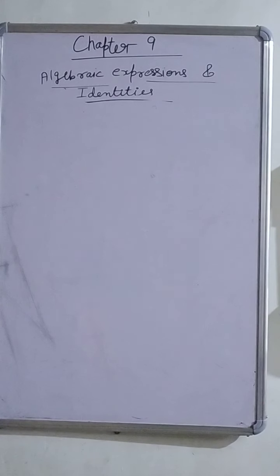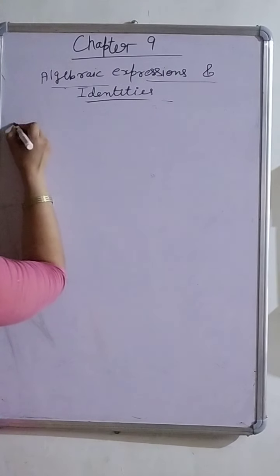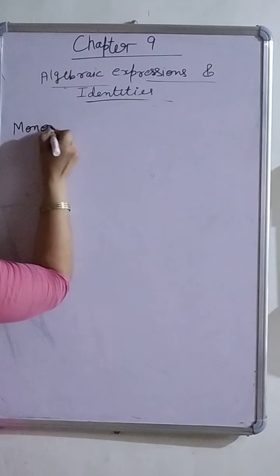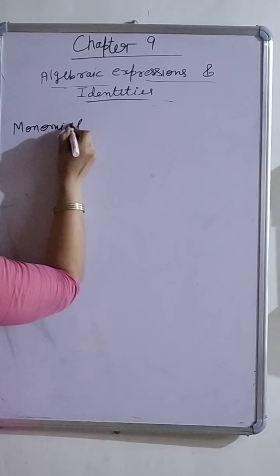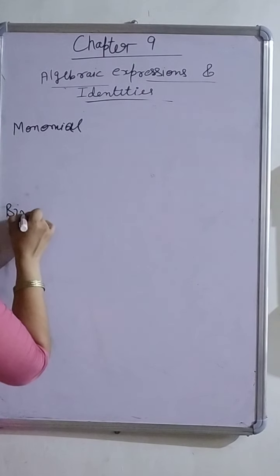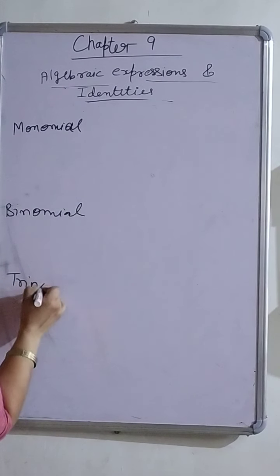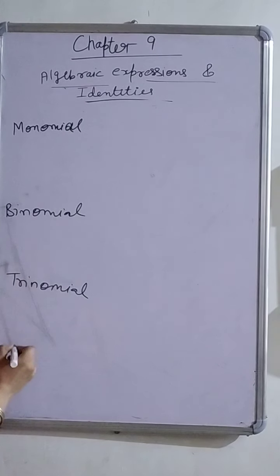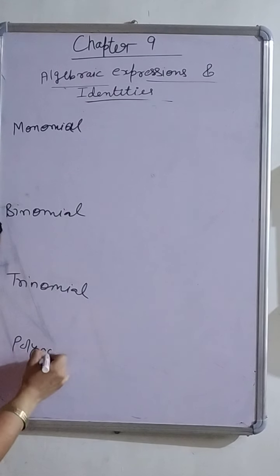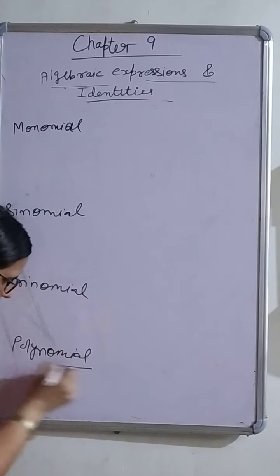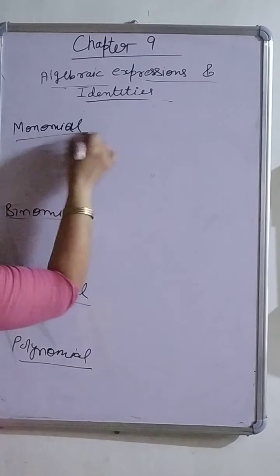Now the next is monomial, binomial, trinomial, and last is polynomial. Monomial.